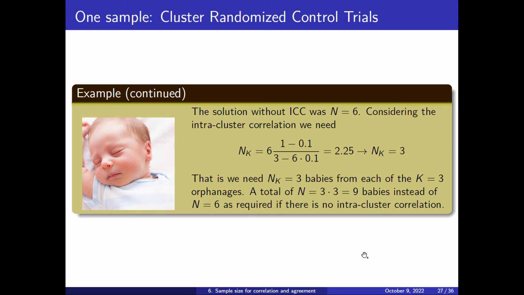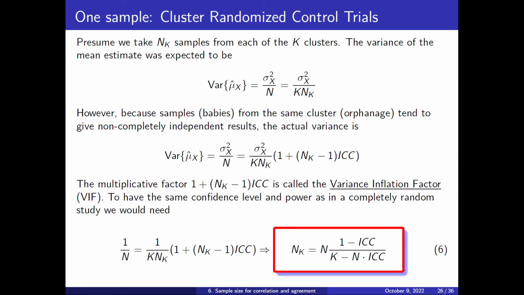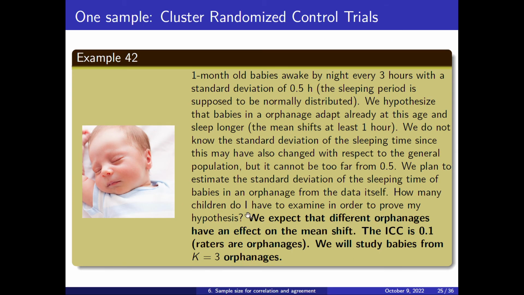So for instance, if you want to compute the n for these, we already know how to do that because we saw it in the calculation of the sample size for means.